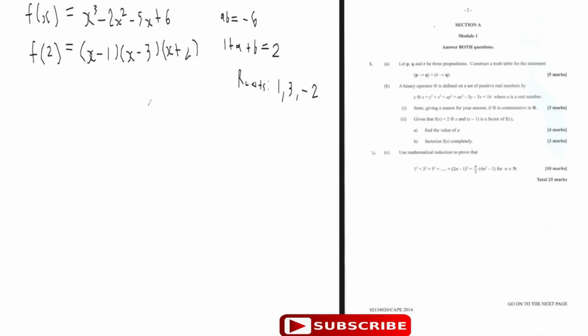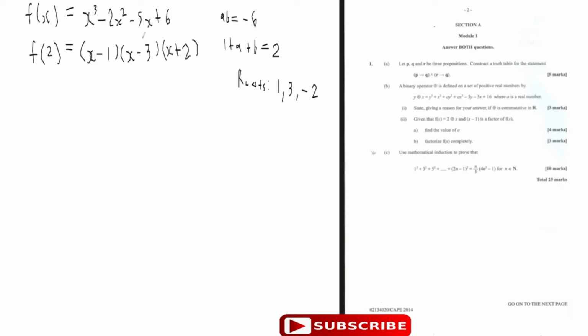That is it. And you can check it. You add up the roots: 1 plus 3 plus minus 2 should give you 2. When you check it, the sum of the products of the roots in pairs, 1 times 3 plus 1 times minus 2 plus 3 times minus 2, will give you minus 5.